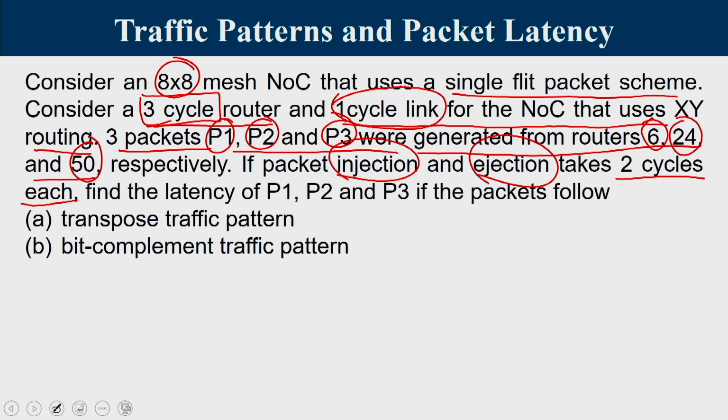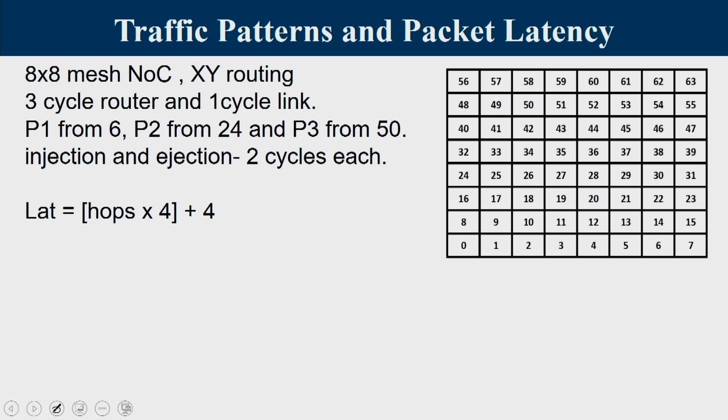At the source the injection happens, at the destination the ejection happens. Both injection and ejection in this problem take 2 cycles each. Now, we are asked to find the latency of P1, P2 and P3 if the packets follow a transpose traffic pattern and a bit complement traffic pattern.